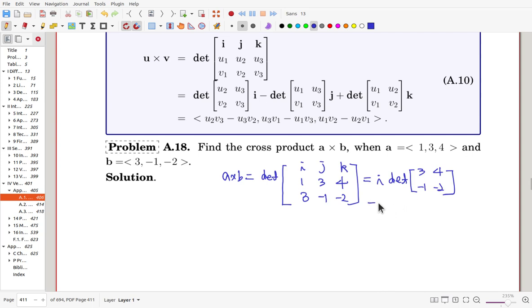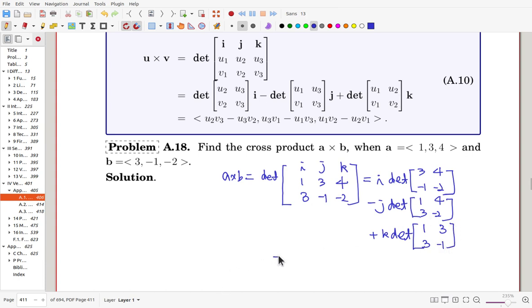Now, minus j and the determinant of the corresponding minor after eliminating the row and column of j, and the remaining part is 1, 4, 3, -2. And then you have plus k and the determinant of the corresponding minor, row and column eliminated, and the remaining part is here 1, 3, and 3, -1, right?